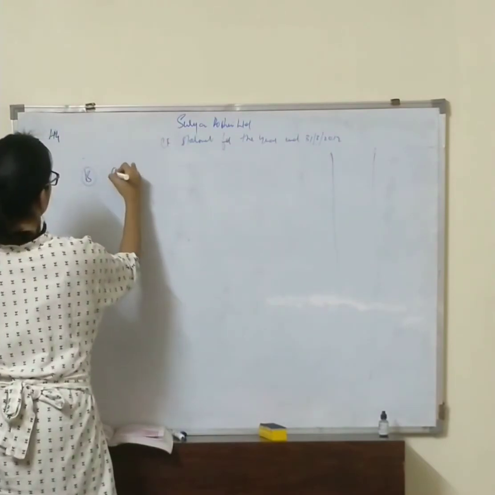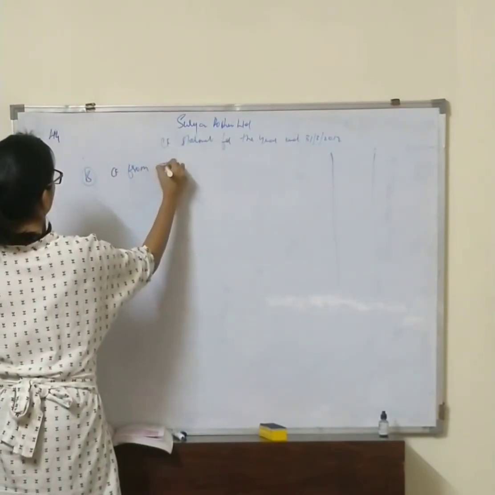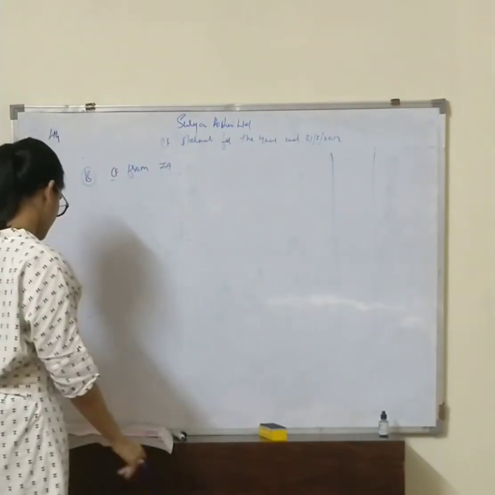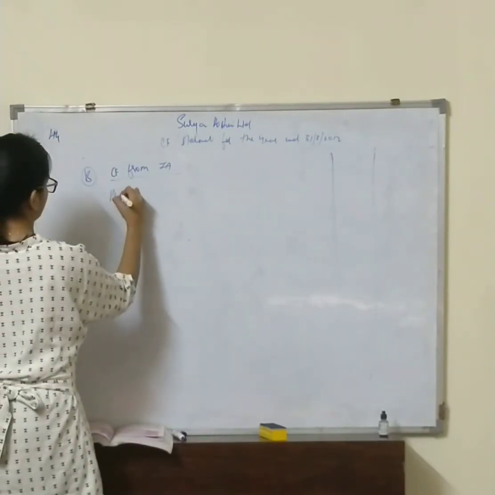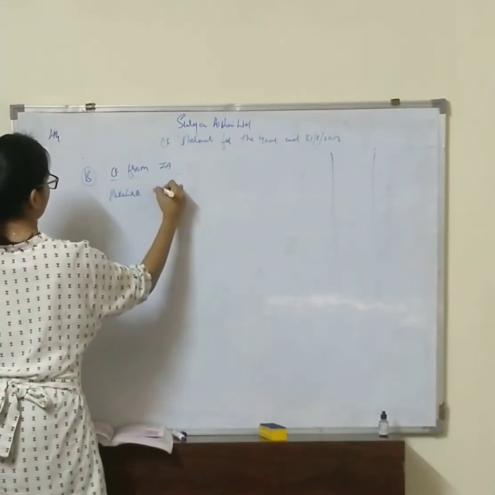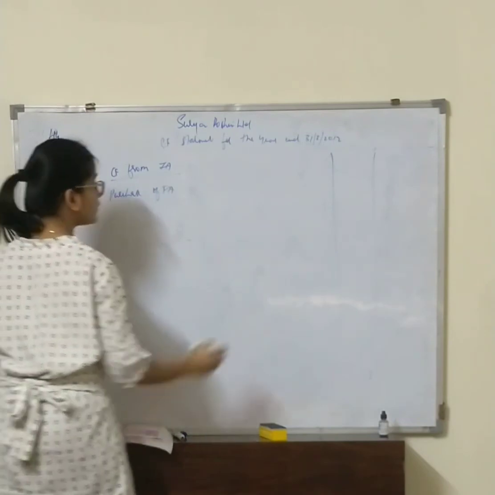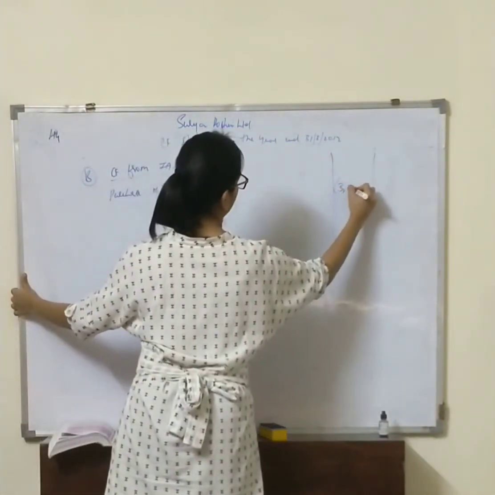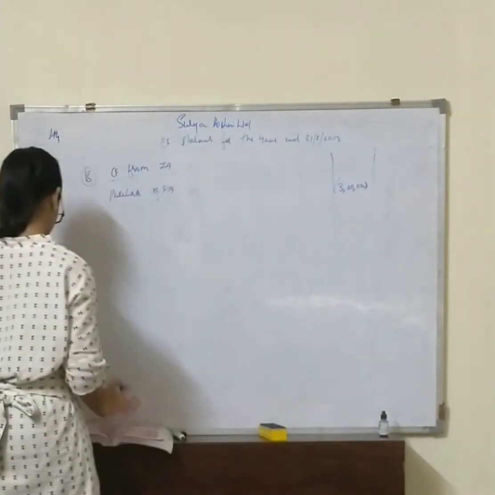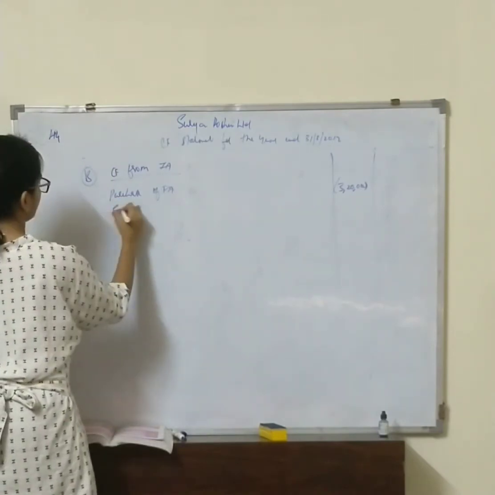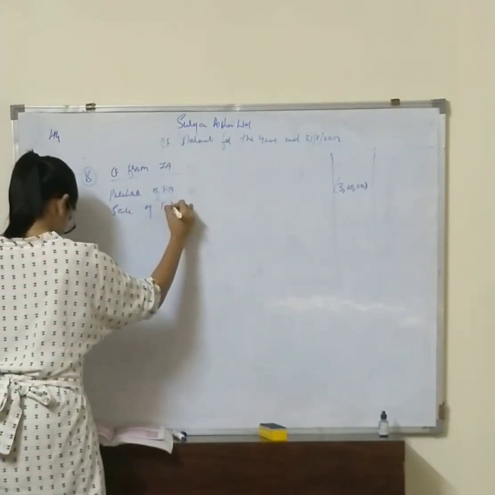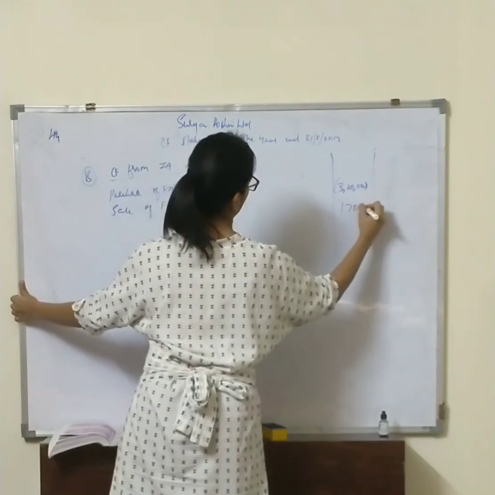Next we have cash flow from investing activities. Under our investing activities we have purchase of fixed asset. How much is the purchase? 3,20,000. Then we have sale of fixed asset. It is 17,000.